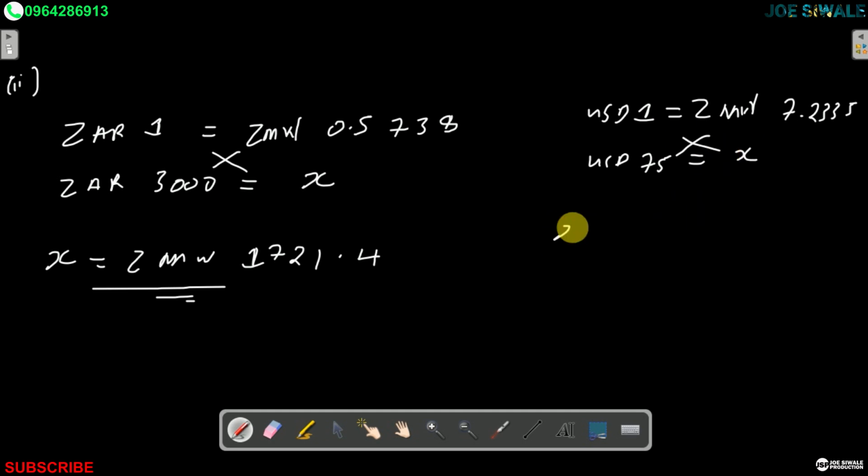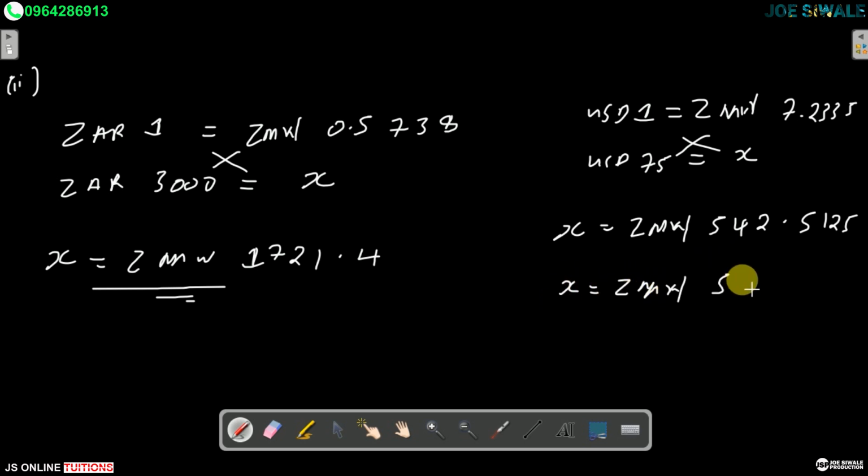So X is equal to 75 multiplied by 7.2335, and the answer there is going to be 542.5125. And to round off that into 2 decimal places, we're going to have 542.51. So that's going to be our answer in Zambian kwacha.